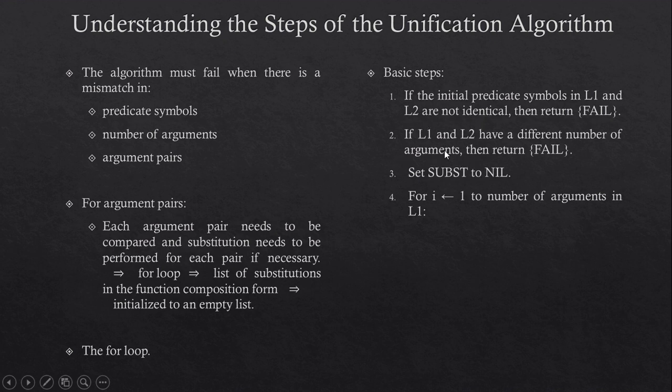Let us consider that it runs on the first literal L1. So now we add the header of the for loop as the next line of code. For I initialized to 1 to the number of arguments in L1.